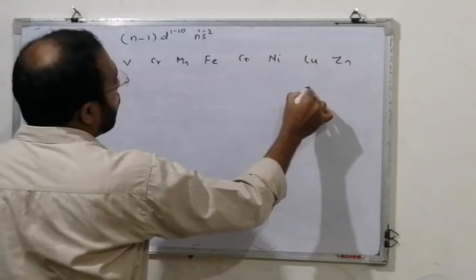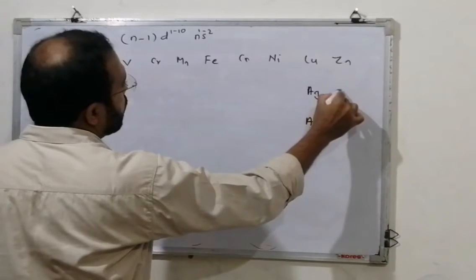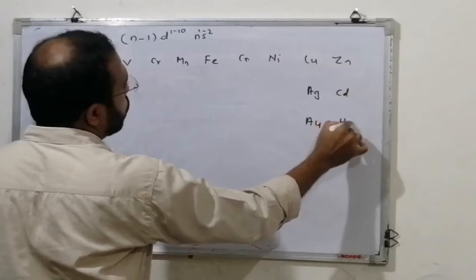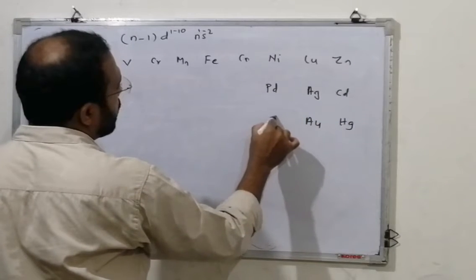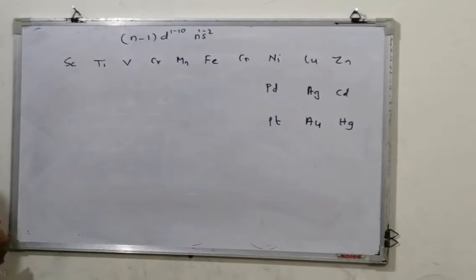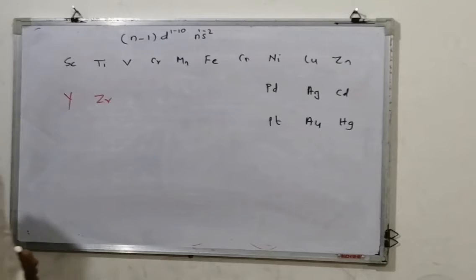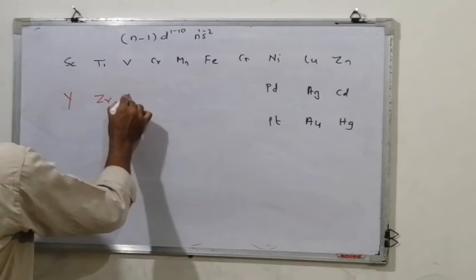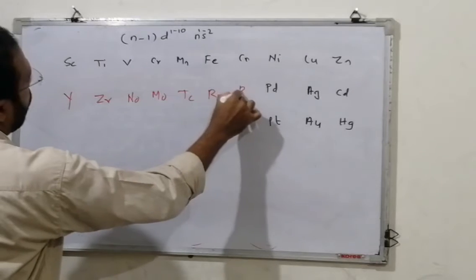Copper, silver, gold, zinc, cadmium, mercury, nickel, palladium, platinum. Niobium, molybdenum, technetium, ruthenium, rhodium.